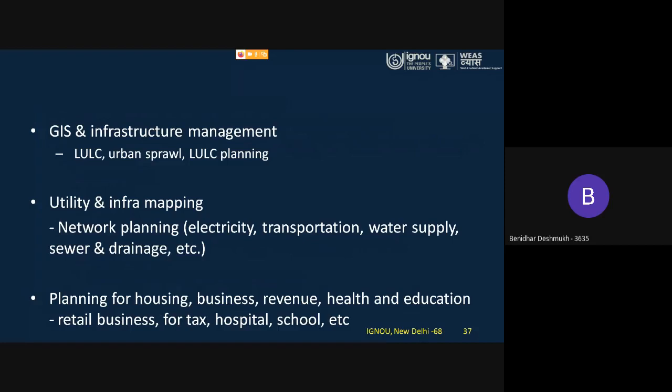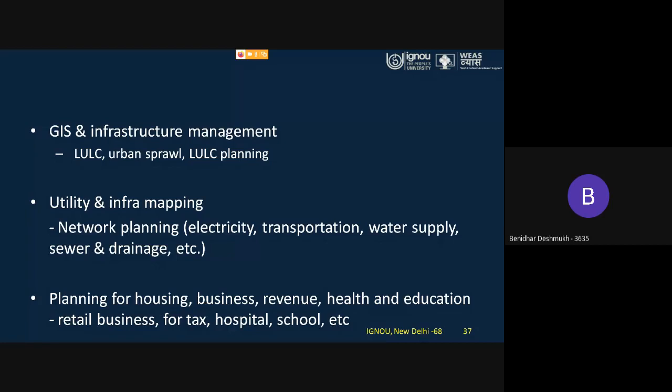Then besides the infrastructure part, within the infrastructure, network planning is required, like electricity, transportation, water supply, sewer, drainage. All those are required because a lot of people will be coming, so all these facilities will be required.